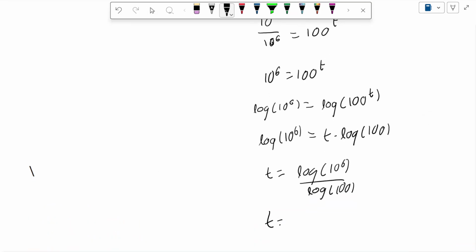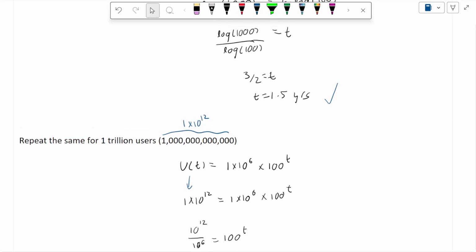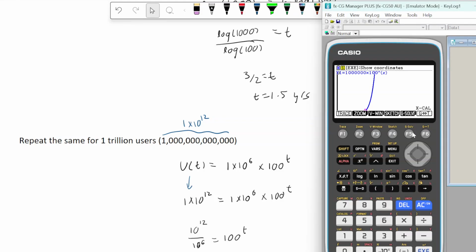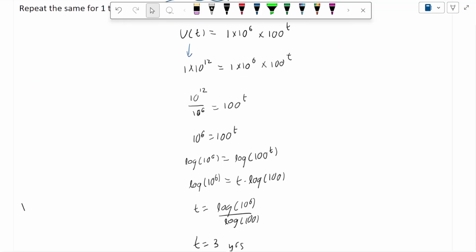So t is 3. So it takes 3 years to reach 1 trillion users. And if we look at the graph that we got here, what I can do is gsolve xcal. I might just go 10 to the 12 for 1 trillion, but you can see that x is 3. So that's how long it takes to get there.